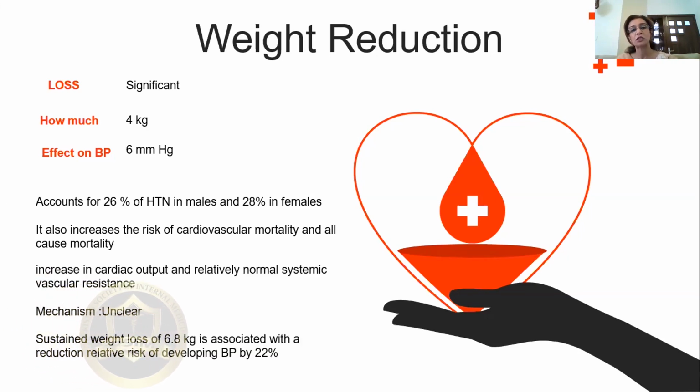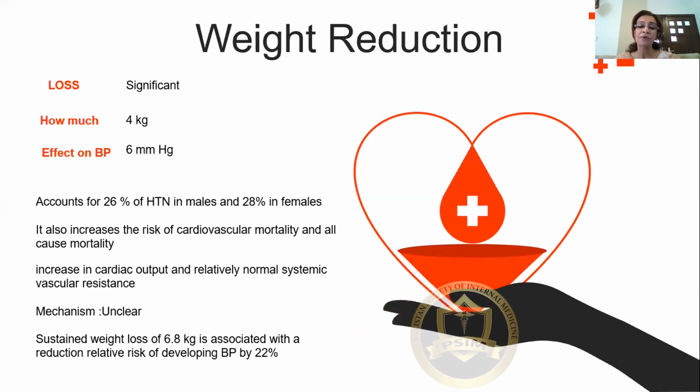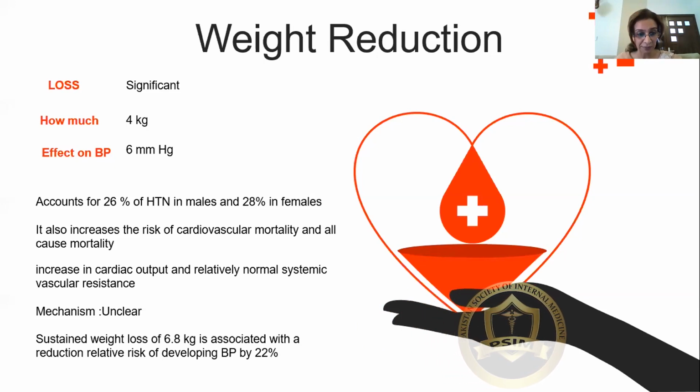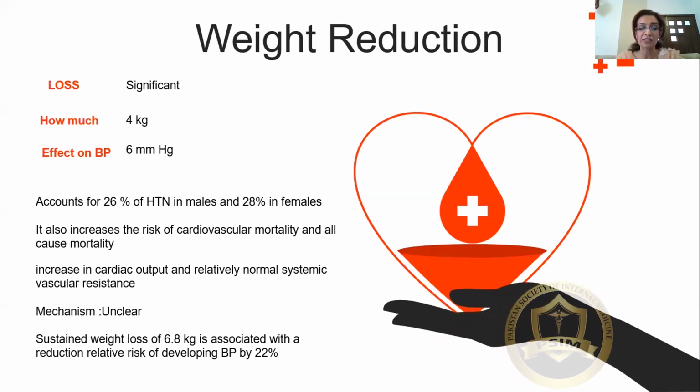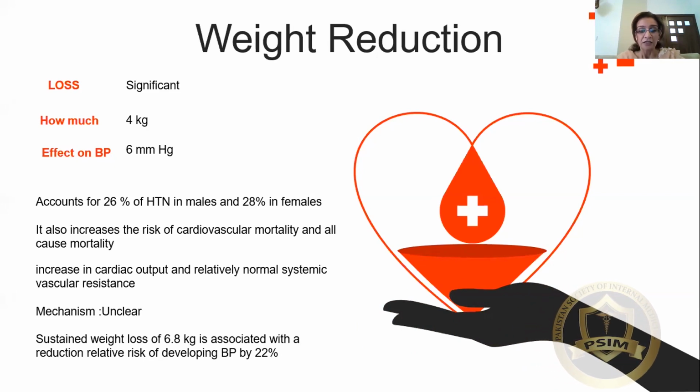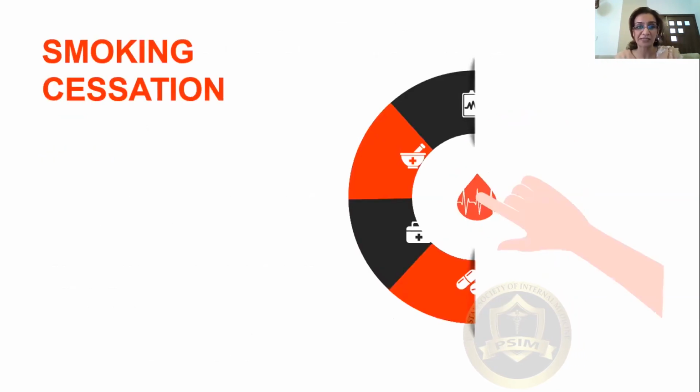The mechanism by which weight causes a rise in blood pressure is unclear, but there are a number of hypotheses, including hyperinsulinemia, sleep apnea, the activation of the leptin-melanocortin pathway, which causes an increase in the sympathetic discharge, an upregulation of the mineralocorticoid receptors, and an increase in salt sensitivity. And a sustained loss of 6.8 kilograms is associated with a reduction in the relative risk of developing hypertension by 22%.